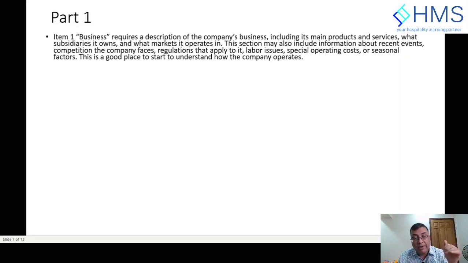Item 1 means the business of the company, which usually covers the main products, the services, the subsidiaries it has, the markets it operates in, and also the competition, the regulations, any laws it has to follow, labor issues, special operating costs, and seasonal factors. It is a very good place to start to see how the company operates.